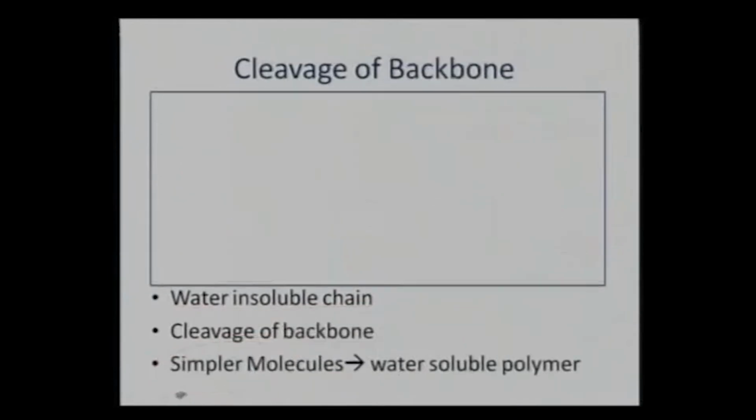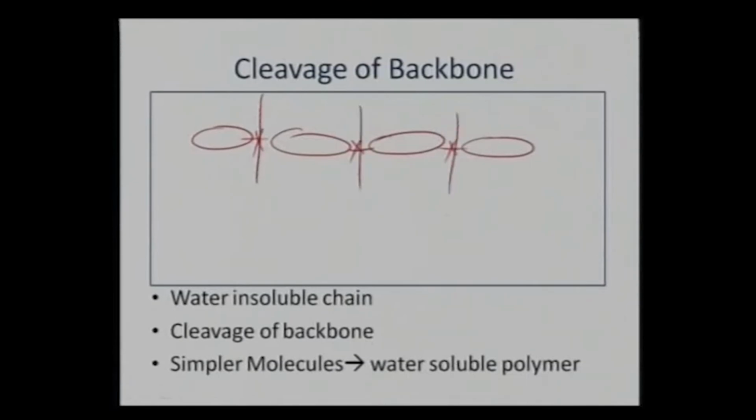But there can be a third mechanism as well, that there can be the cleavage of the backbone itself. So in one case, when the overall chain is water insoluble, the breaking of the backbone itself can also occur. The cleavage can occur along this particular bond between certain smaller polymer molecules.